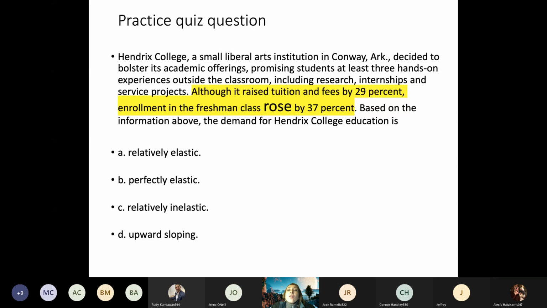For a good to have that kind of inelastic demand, so wanted by potential consumers, customers, students in this case, that your price goes up by 29% but your enrollment decreases only by less than 29%. But in this case, it's worse than that. I mean, it's better than that for the college.